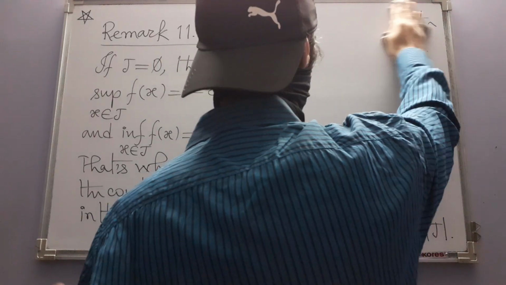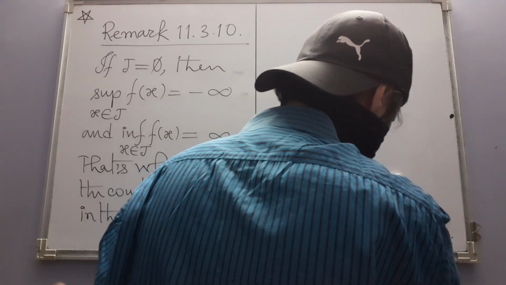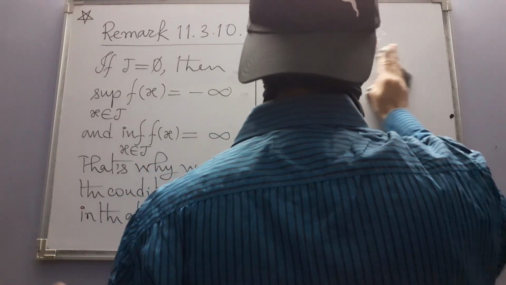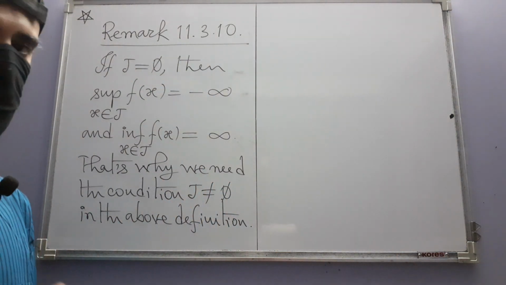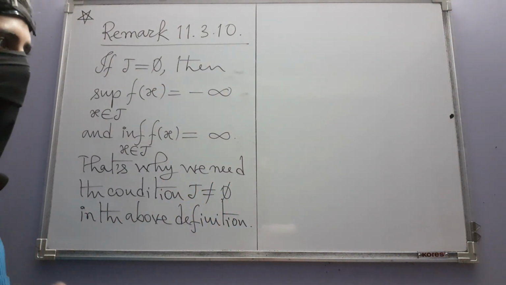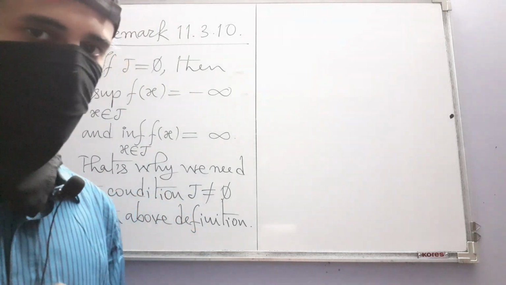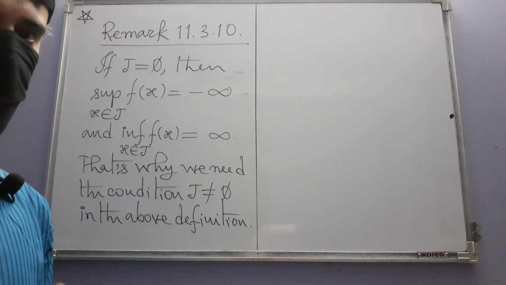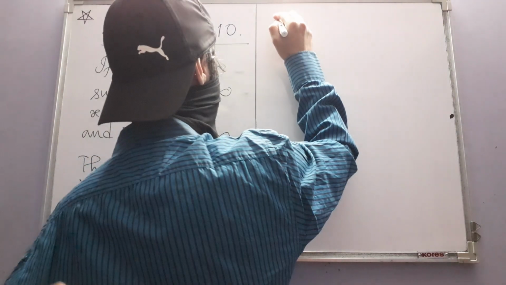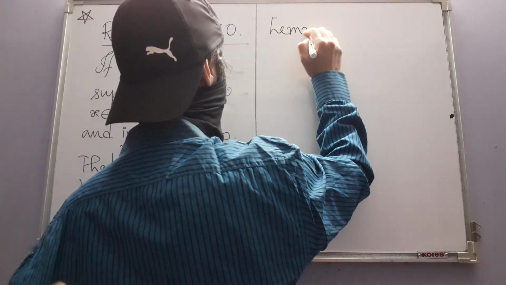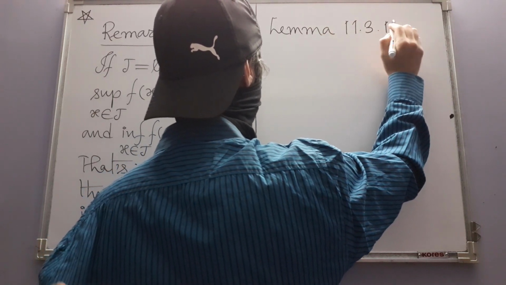The first one is going to relate these upper and lower sums with integrals of piecewise constant functions. And then in the second result, we are going to see that the two notions of integrability actually are the same. So, this next one is lemma 11.3.11.